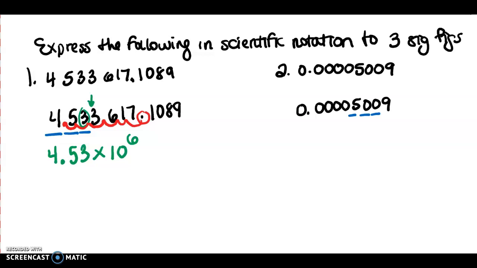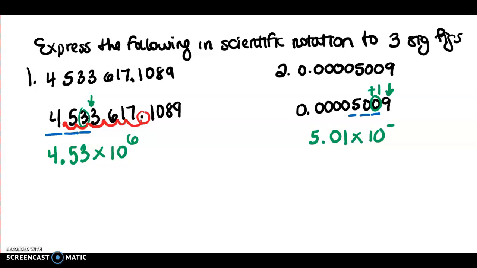So we know that this number is going to be 5.0 something. I think some of you were confused and were saying it was 5.00, but what we have to remember is we need to decide what to do with this number based on this number. And since that 9 is greater than 5, it means we're going to round this one up. So this becomes 5.01 times 10 to the negative.